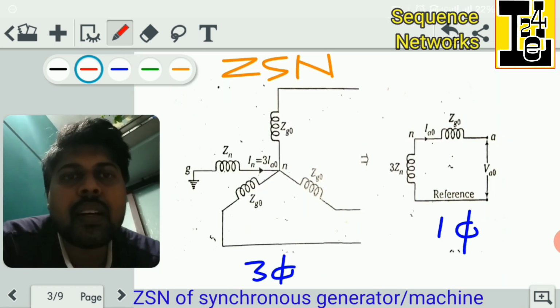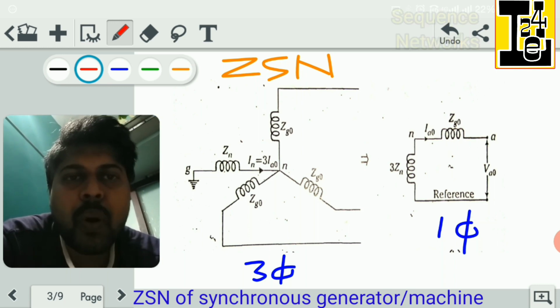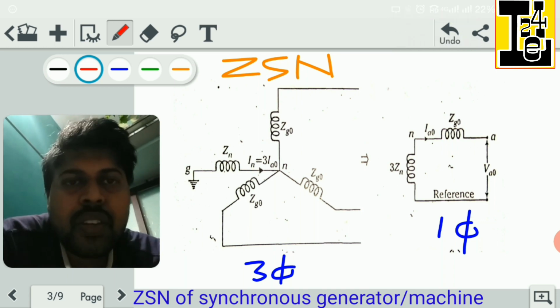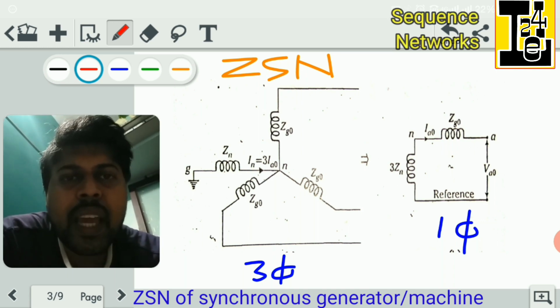Let us go through the zero sequence network models of the synchronous generator, that is the ZSN of the synchronous generators. Here there are three possible cases for drawing the ZSN of the synchronous generator.